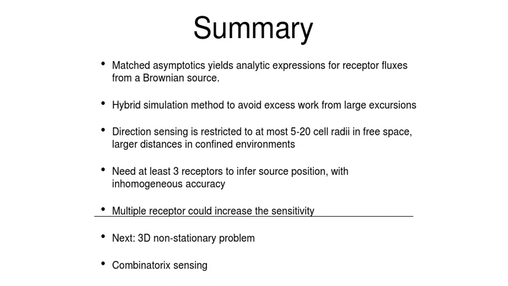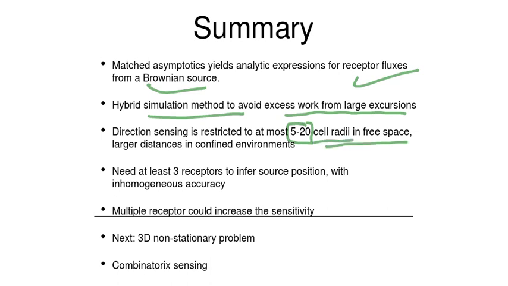So to summarize, I've shown that matched asymptotics yield an analytical expression for the receptor flux for a Brownian source. We use a hybrid simulation method to avoid excess work for large excursions and to avoid simulating a lot of particles. We said that for direction sensing, we can at least sense 5 to 20 cell radii in free space. This is something that we'll have to come back to, to explain how a cell can navigate much longer distances.